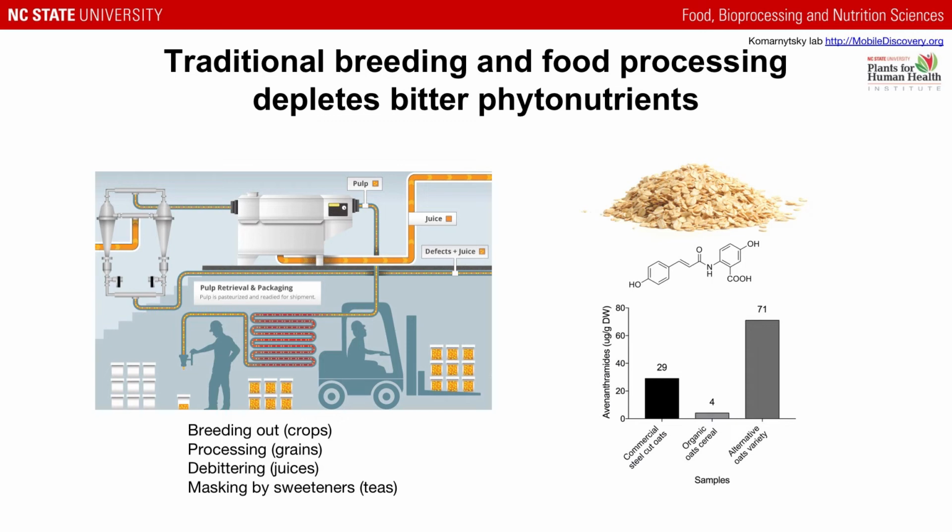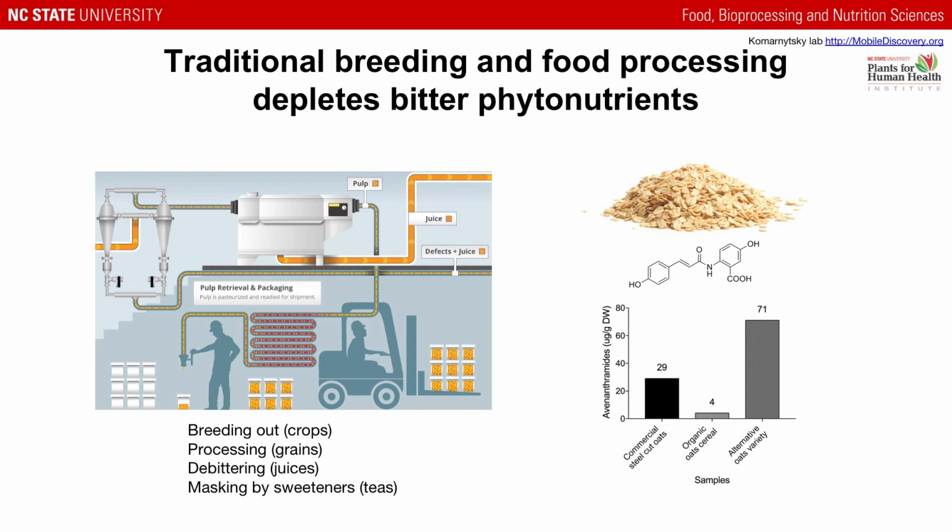So instead of just taking the food and putting it on our plate, they either process it in a way that they remove the bitter parts, or they treated it with chemicals which destroyed the bitter chemicals, or they put it through a set of filters which also removed the bitter principles from our food, like they do, for example, for orange juices. Or if nothing else worked, we developed bitter masking agents, which are food grade. They are added to certain foods in order to mask the bitter taste.